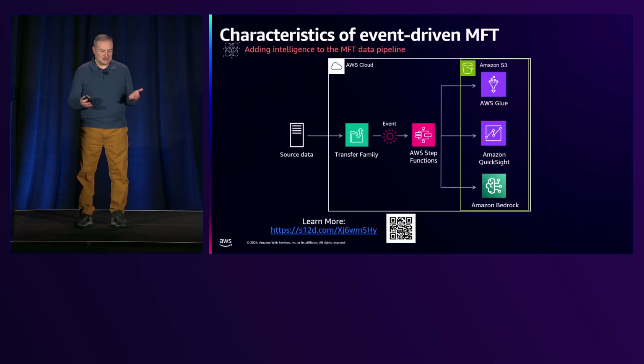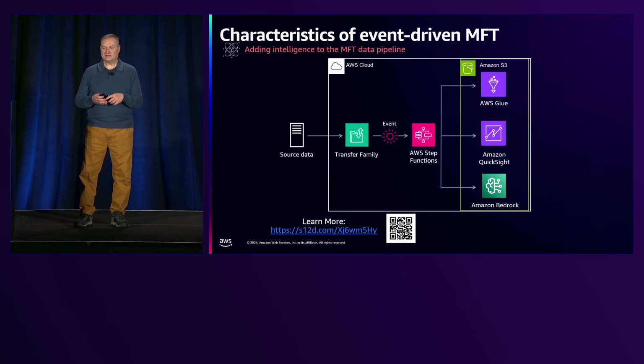How does it look like in practice, adding intelligence to a data pipeline? Data flows into your infrastructure through Transfer Family. That data is hosted externally, typically, to AWS. It might be somebody uploading a file to a Transfer Family server, or it could be you using a Transfer Family connector to fetch a file.